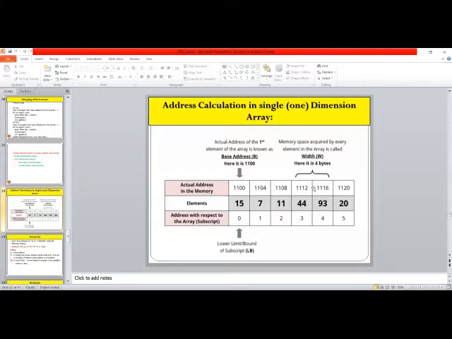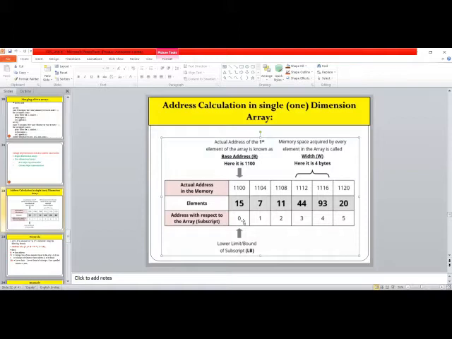This is a normal array. Don't be confused by so many words here. It is simply an array. These are the actual elements, that is 15, 7, 11, 44, 93 and 20, which we are going to store in our array.